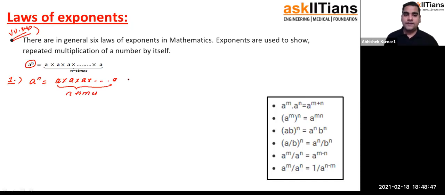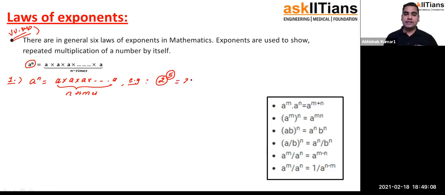So if I have to take an example, let's say I am provided 2 raised to the power 5. What is the meaning of that? That means I need to multiply this term 2, which is written in the base, 5 times, because 5 is the power.